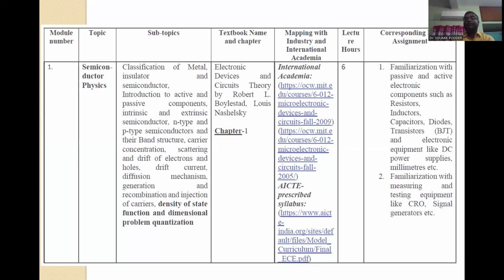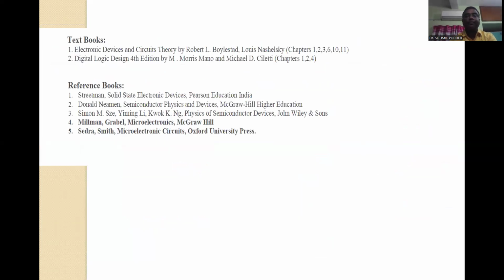For this topic, you can refer to the Neamen and the Streetman and Banerjee books. These are the textbooks and reference books: Advanced Solid-State Electronic Devices, Pearson Education India, and Donald Neamen, Semiconductor Physics and Devices, McGraw-Hill Higher Education.